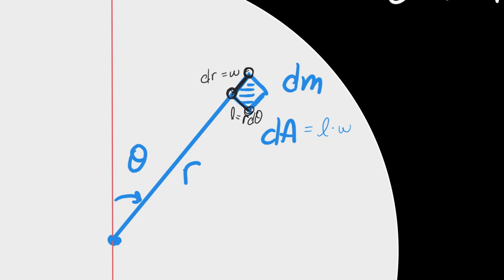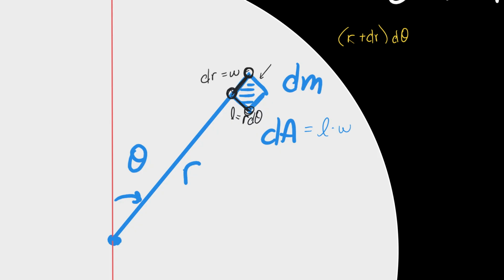I mean, if you want to consider how small it is, remember, dr is an infinitesimally small piece of length. d theta is an infinitesimally small piece of angle. The length of this side would be r plus dr times d theta. That's how big that side would be.